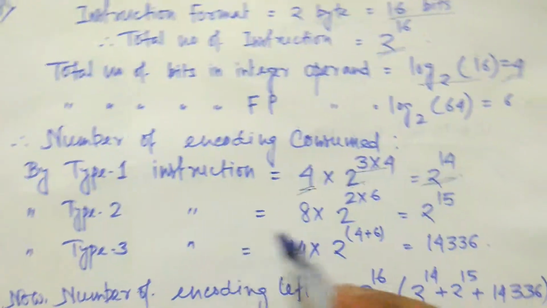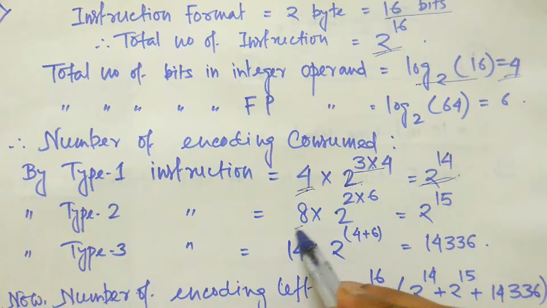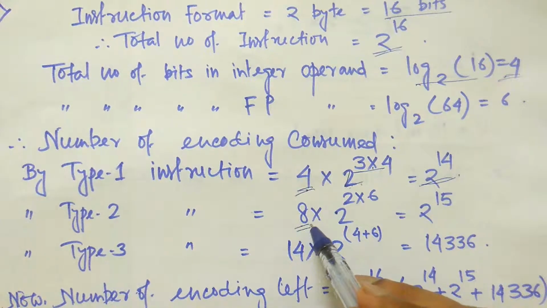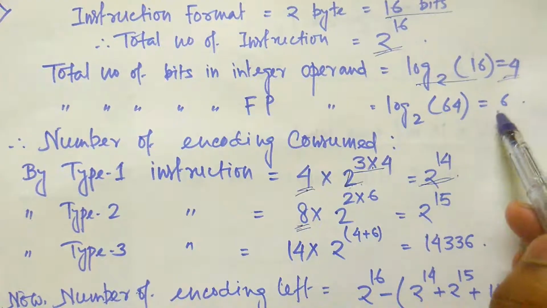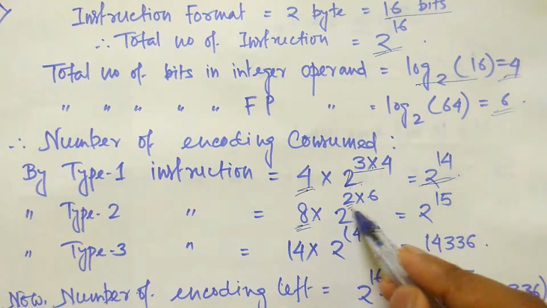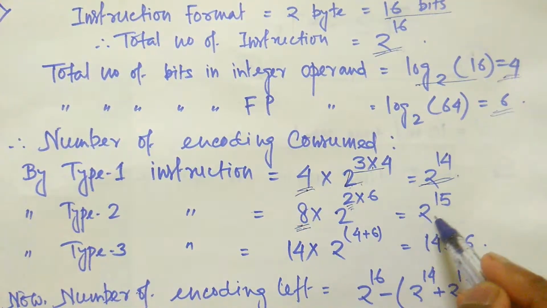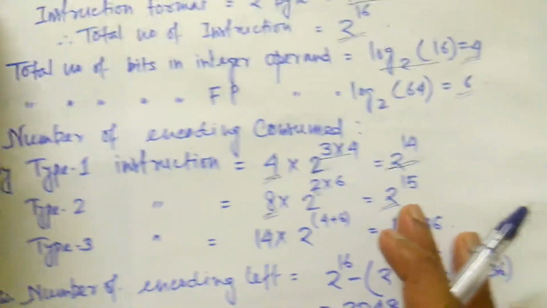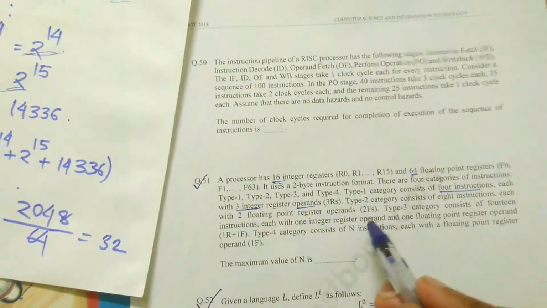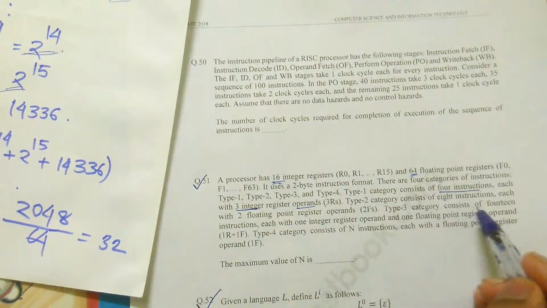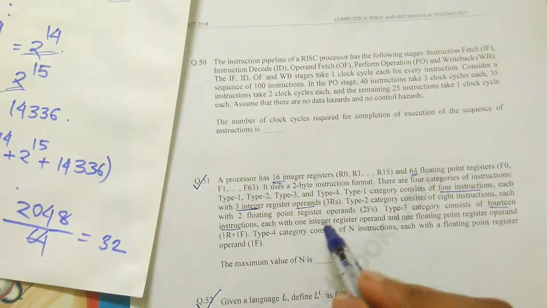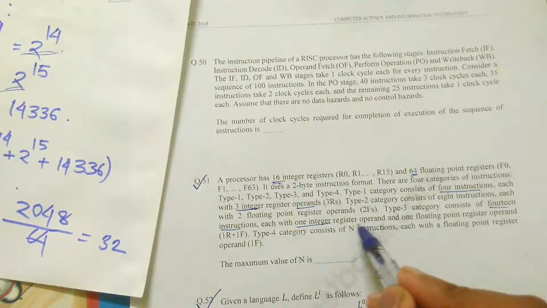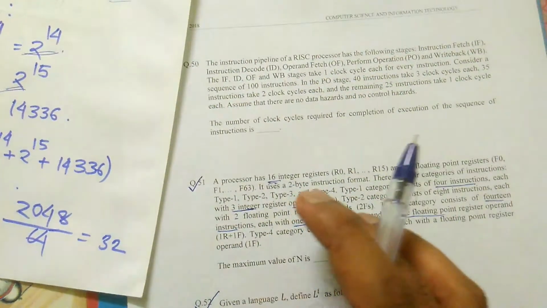Likewise for type 2, it is given in the question that the number of instructions is 8 and each has 2 floating point operands, so it is 2 to the power 15. Type 3 consists of 14 instructions, each with 1 integer operand and 1 floating point operand.